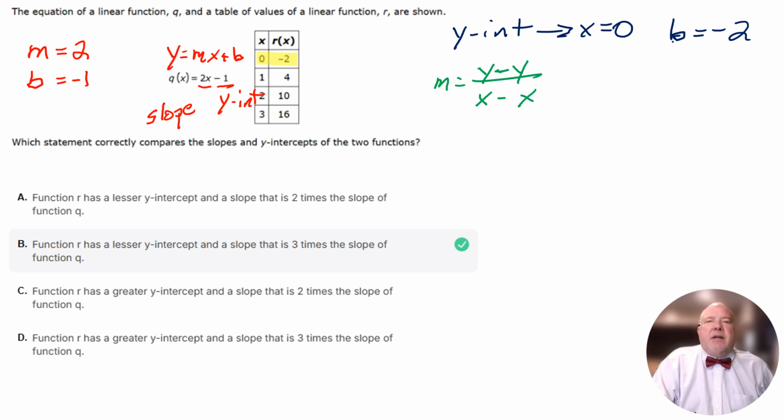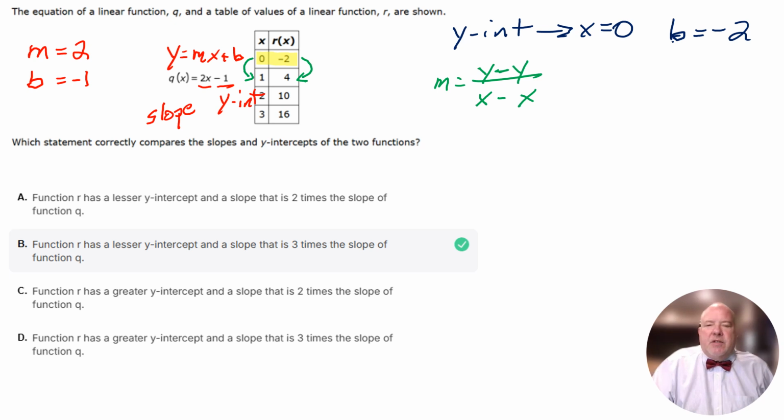I just need to pick two y values, so I'll use these, and two x values, and they have to be the x and y values that go together. So I can't use these two y values and then use these two x values. I have to use matching points. If I use these two y's, I have to use these two x's.